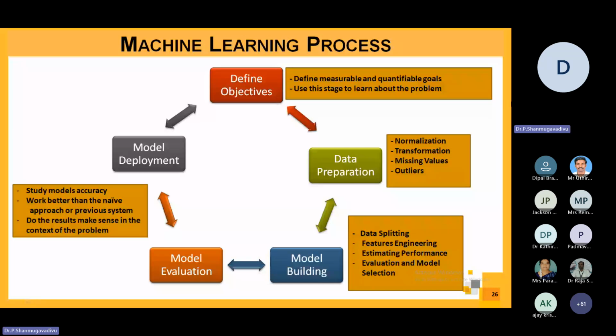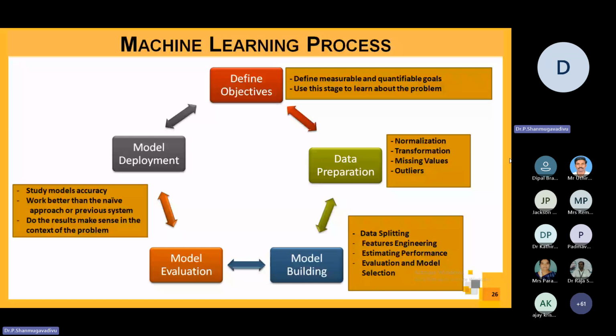Suppose there is a missing value, we have to replace it. If there is a duplication, we have to remove it. And if there is an outlier, what is an outlier? When you have a data set, the records which are not falling closer to the input data with respect to its property are called outliers. We can call them extraordinary or unwanted data. That is an outlier. Then you have the transformation.